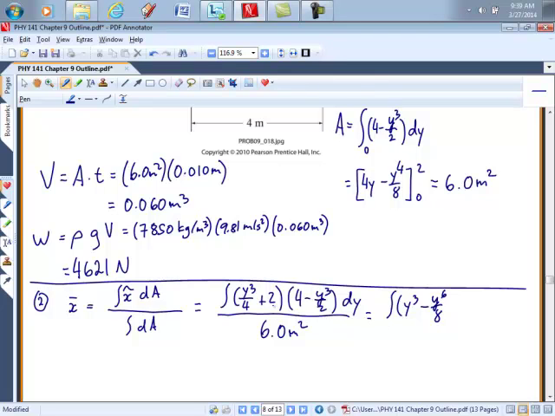And then the inside is going to give me a plus 8. And the last is going to give me 2 times negative y cubed over 2, which is the minus y cubed. So we can see those y cubed terms are going to disappear.